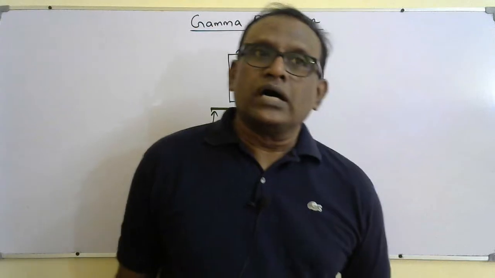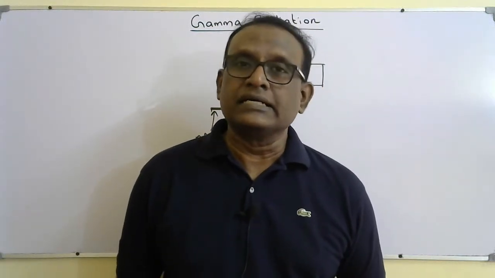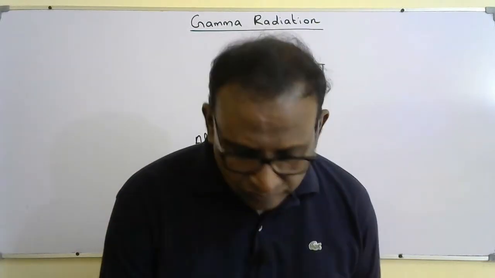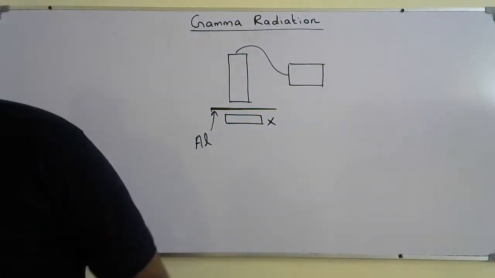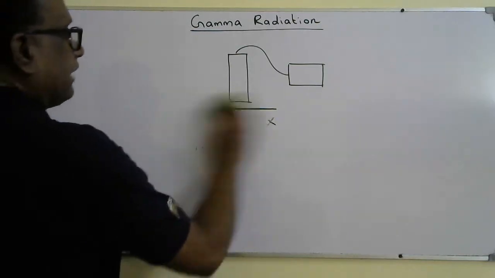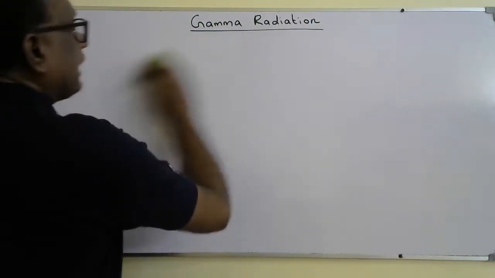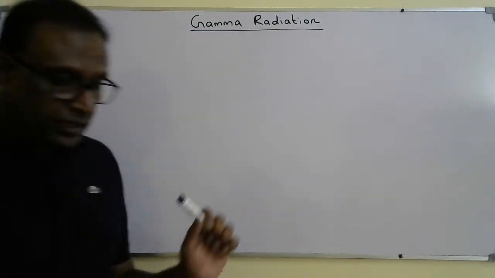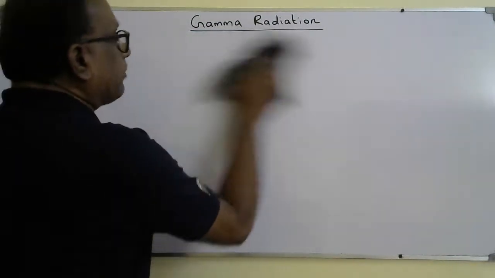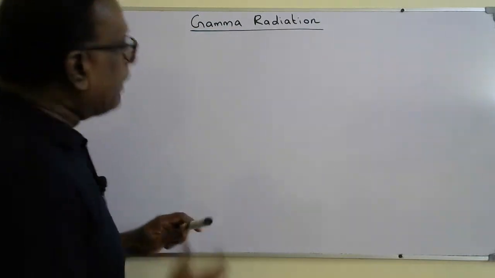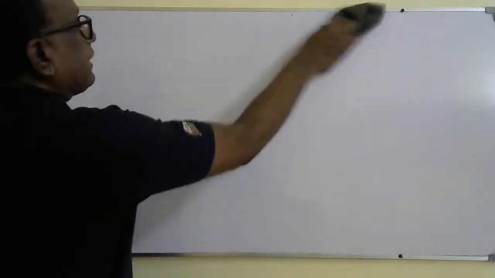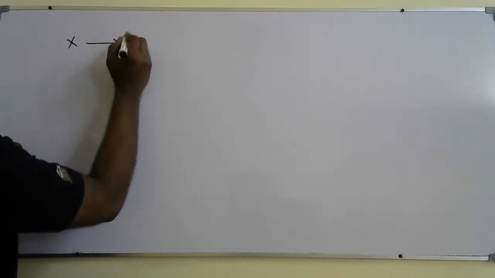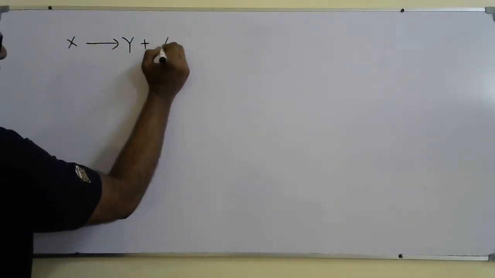Okay, so how can we confirm a given sample is emitting only alpha? This type of question also sometimes comes. It's not emitting gamma, and it's emitting only alpha. You know, a sample may have X as the radioactive element. X is the parent nucleus, which becomes Y, the daughter nucleus, and alpha.